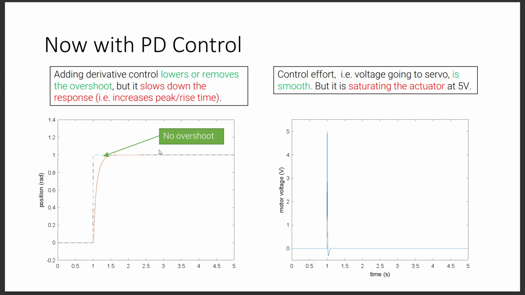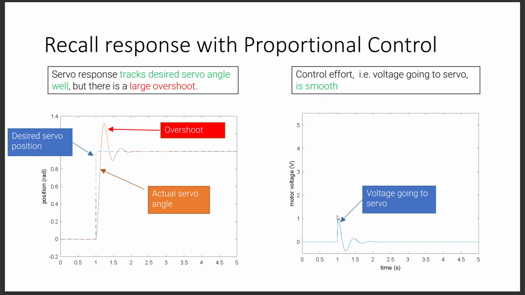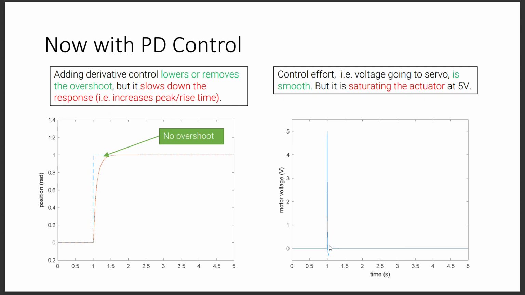In addition, look at what happened here. I go one slide back. We had a smooth behavior. The motor voltage control we were using would jump to 1 and then damp. Now it goes up to 5 with a spike.